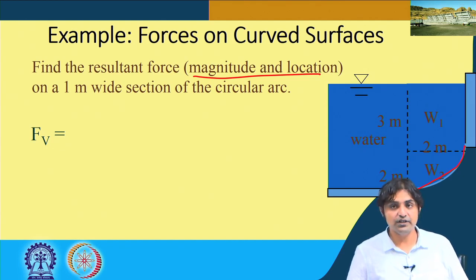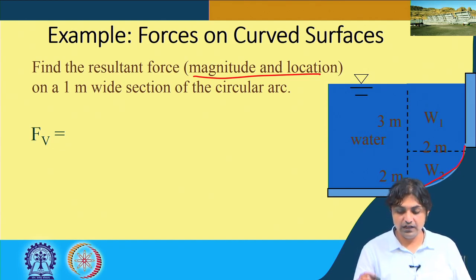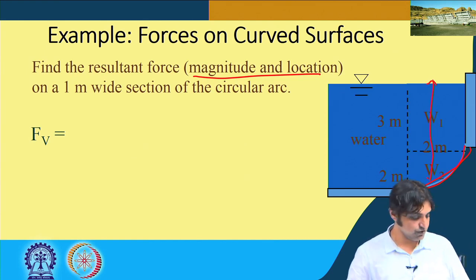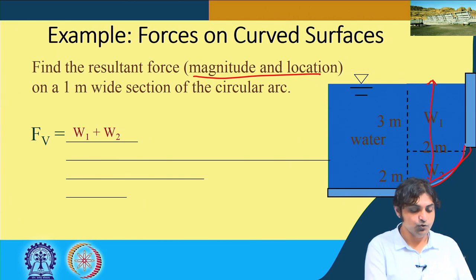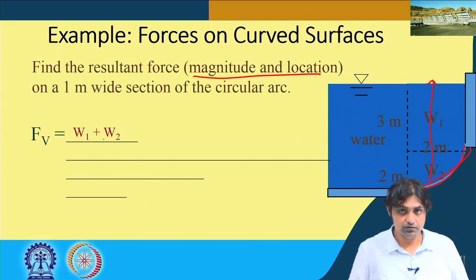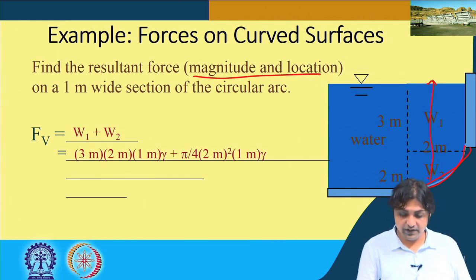So what is going to be the vertical force? According to the definition, it should be the weight of the liquid above this curved surface extending from here up to the free surface. So basically that is W1 plus W2. W1 is very simple, it's 3 meters into 2 meters into 1 meter, because that is the dimension told, 1 meter wide section, into gamma of water.